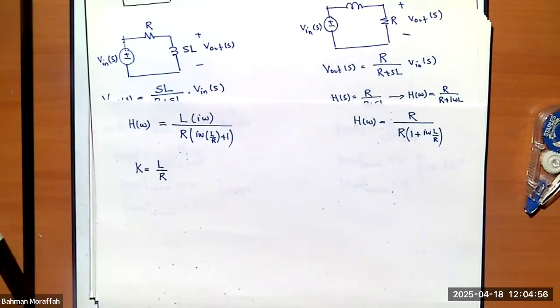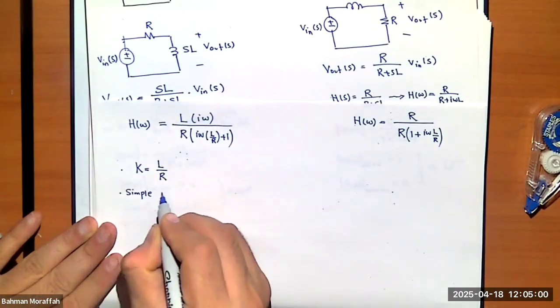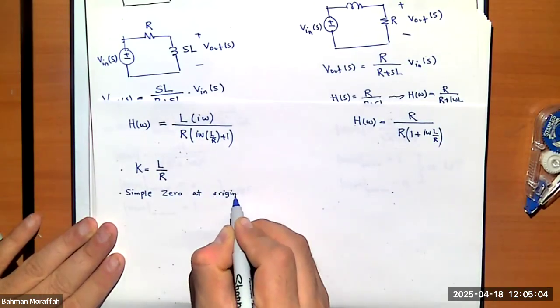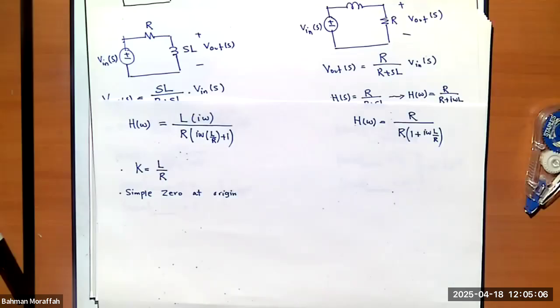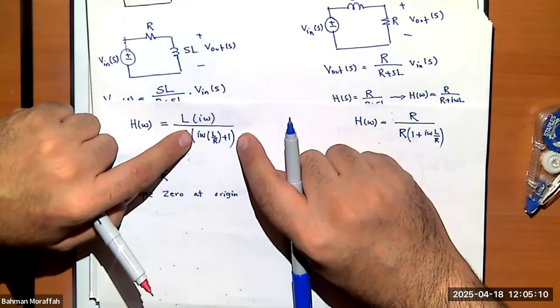I have a 0 at the origin. So I have a simple 0 at the origin. And this term over here tells me I have a simple pole at what?